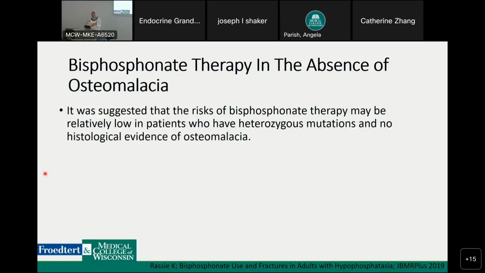That was proposed after a patient who was diagnosed with HPP was on alendronate for about 5 years without any evidence of fractures, and they reported actual improvement in her bone mineral density. In that patient, they did a bone biopsy, and it showed features of osteoporosis rather than osteomalacia. So it was suggested that if we exclude osteomalacia by bone biopsy, bisphosphonate might be safe in this scenario.